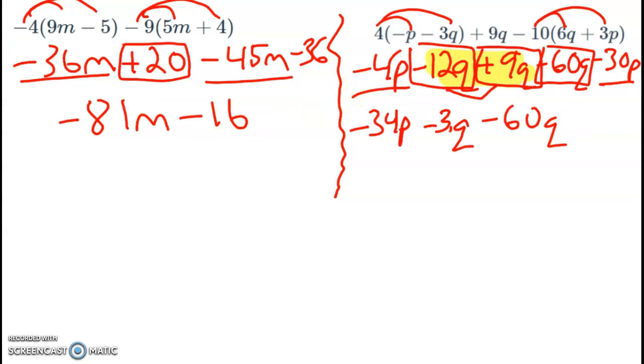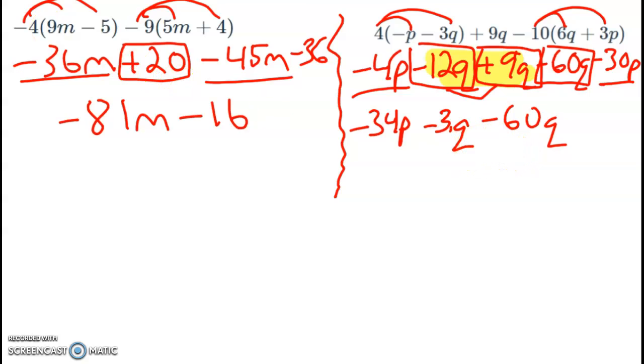So the negative 30p and the negative 4p gives me negative 34p. The negative 12q and the positive 9q, when you add those, you get negative 3q. Different signs, find the difference. So you get negative 3q. And then we're going to bring down that negative 60q.